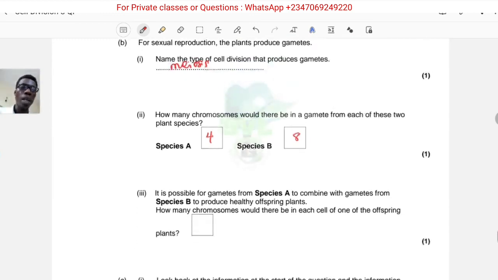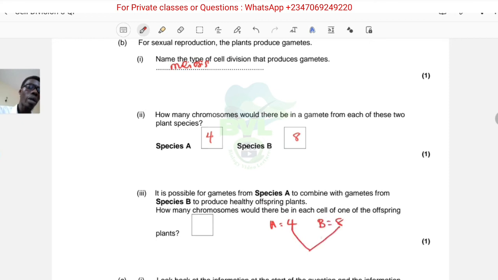All right. If it is possible for gametes from species A to combine with gametes from species B to produce healthy offspring, how many chromosomes would there be in each of the offspring? Okay, so gamete from A has 4 chromosomes, gamete from B has 8 chromosomes.